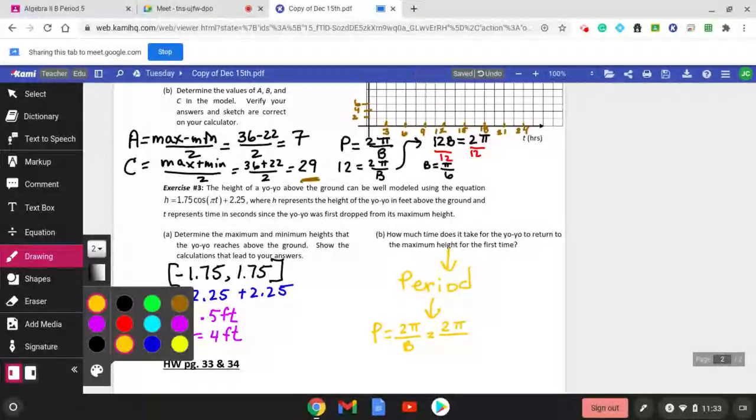Pi. Yep, just the number in front of cosine or sine, which is pi. This is an easy one for you, Caroline, right? 2. Yep. And just to put that into context to the problem, what's my time here? 2 seconds. So it takes the yo-yo 2 seconds to go down and back up.